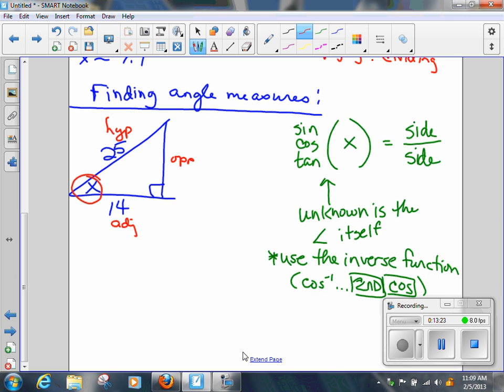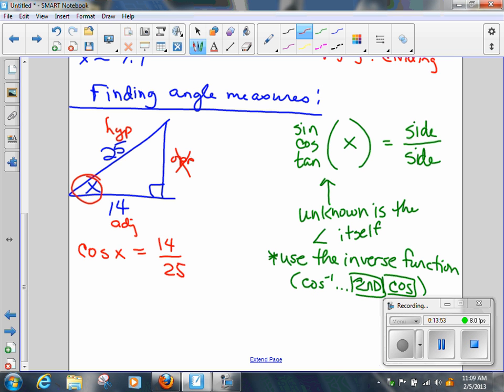My opposite, I just have my adjacent, my hypotenuse, some old horse, caught a horse. Which trig function do I use? Cosine. Now look at this one. Cosine of X, because it's cosine of the angle, that's what I'm finding, is equal to caught a horse. Adjacent over hypotenuse. How do I solve for that?